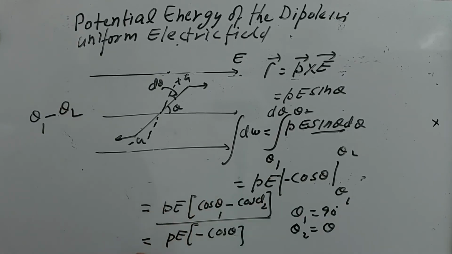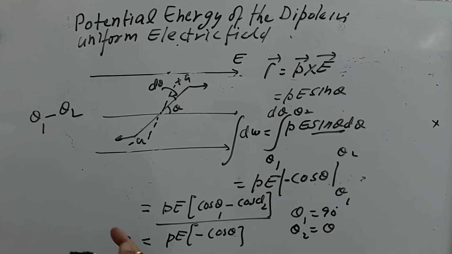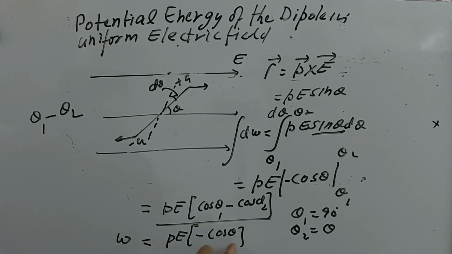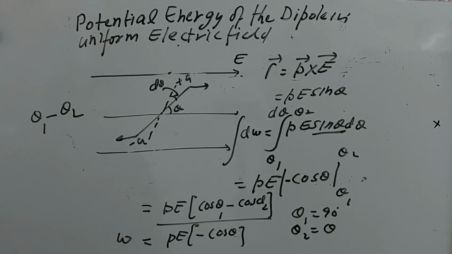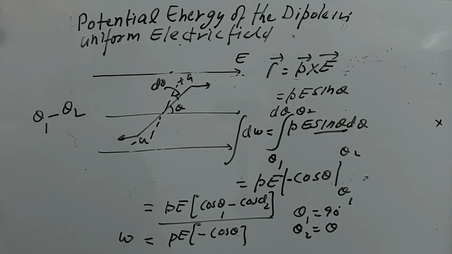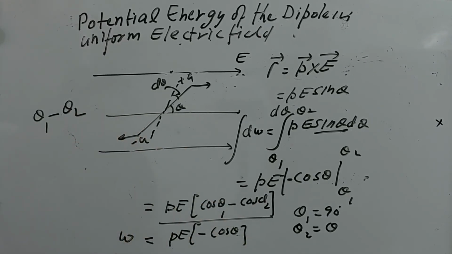So this is the total work done, and this work done, this is equal to W, and this work will be stored as potential energy in the system. Now this becomes the potential energy. Potential energy is the total work done in taking this dipole from a position where it makes angle 90 degree with the direction of electric field to some other direction.